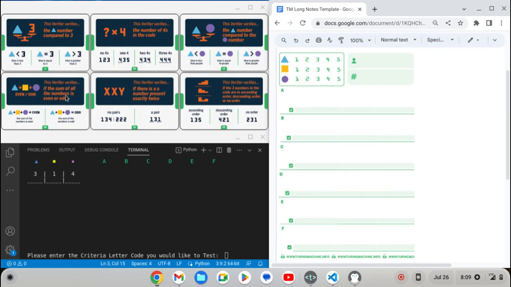Criteria card D again looks at our 3-digit solution, triangle, square, and circle, and will add the 3 digits together, and the Turing Machine will let us know whether the sum of the 3 digits is an even quantity or an odd quantity. Criteria card E looks at the 3-digit solution and will let us know a little bit about its structure, so to speak.